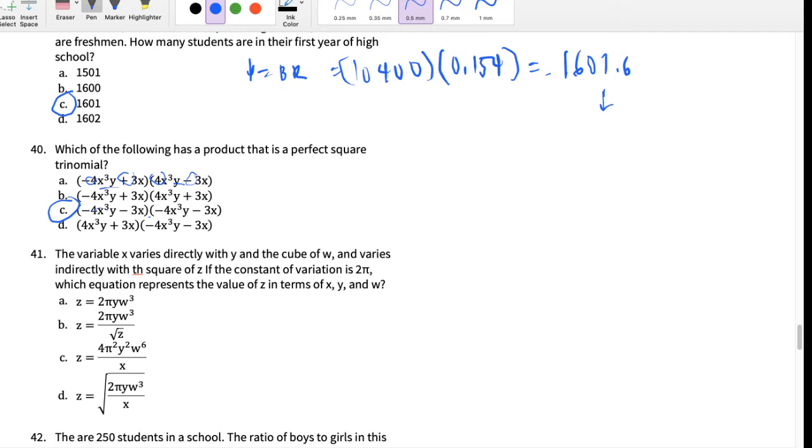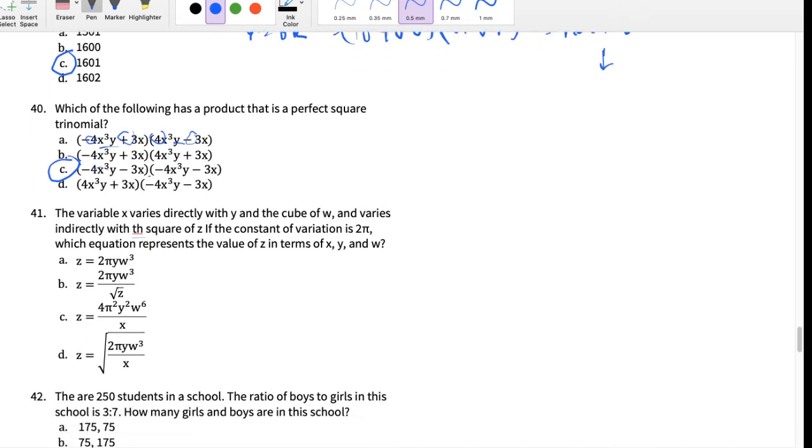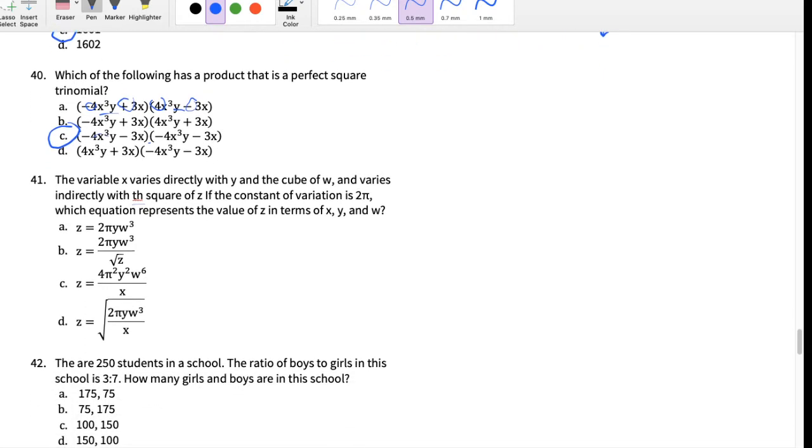Okay, how about number 41? The variable x varies directly with y and the cube of w, and varies indirectly with the square of z. If the constant of variation is 2 pi, which equation represents the value of z in terms of x, y, and w? So, sulat muna natin yung equation for x. X varies directly with y and the cube of w. Varies indirectly with the square of z, so z squared.